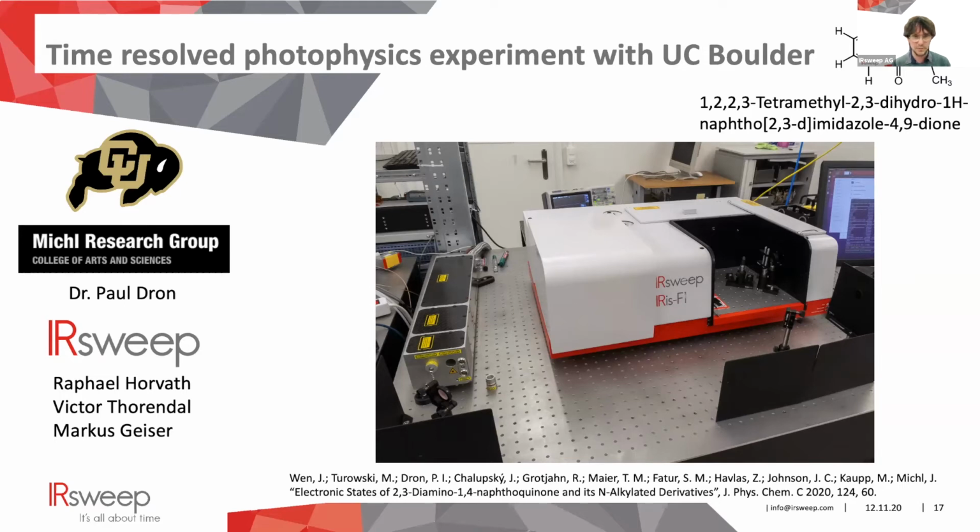time resolved measurements. So the experiment here is basically to excite a triplet state of an imidazole derivative. So you photoexcite it, and then you flip the spin of one electron, and you don't have an electron pair anymore, and you cannot occupy the same orbital, and basically the electron is excited in the next orbital.